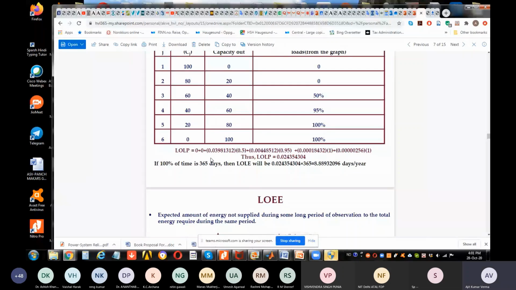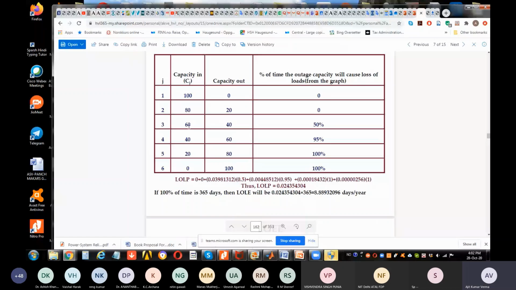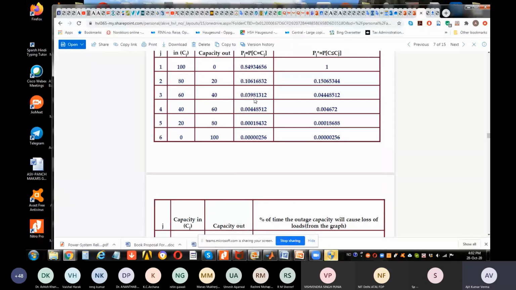Okay, so you have 0, 0, of course. Then you have 50%. And what is the probability of getting a state 60? So that's 0.0398131.